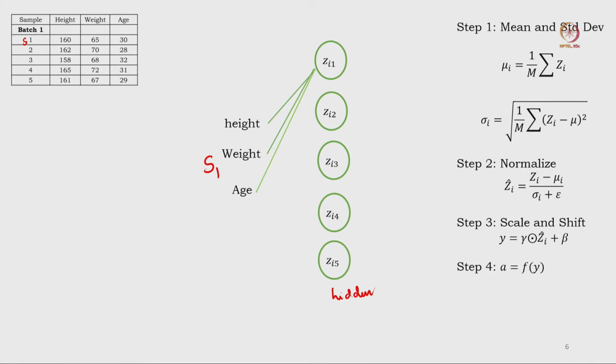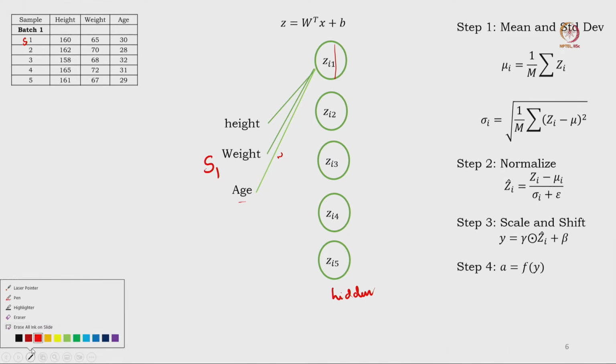So, when you establish this connection, the very first operation that we perform is height multiplied with its weight, then the second feature weight will get multiplied with its weight, and the age will get multiplied with its weight, and there is a bias term. So, this is the first operation that takes place.